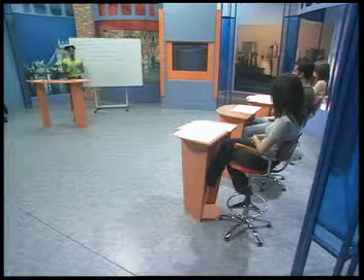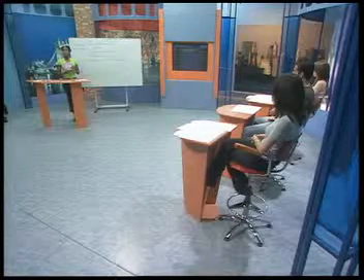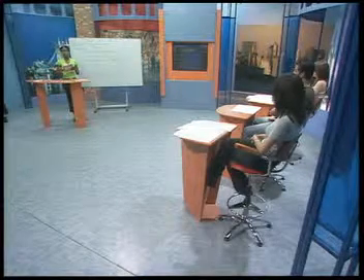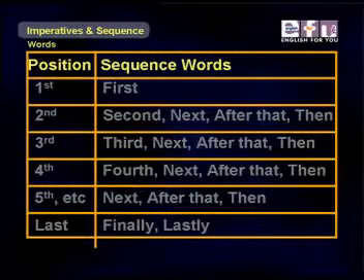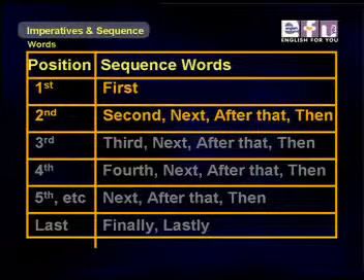Okay, very good. Let's take a look at a chart to help us understand sequence words. For the instruction in the first position, we use first. For the instruction that follows, we can say second, next, after that, or then. For the third instruction, we can say third, or again, next, after that, or then.